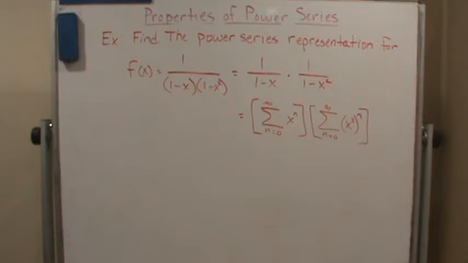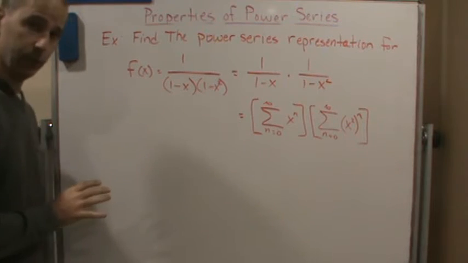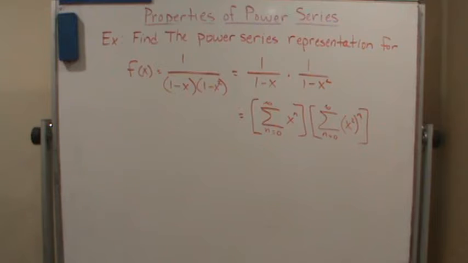And again, we're looking at the interval of convergence of -1 to 1. Well, how do we define E sub n? Don't forget how we define E sub n. That's going to be key here.